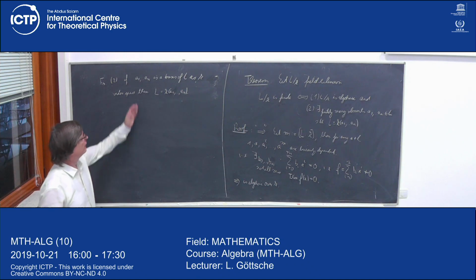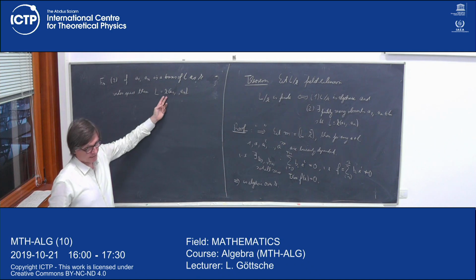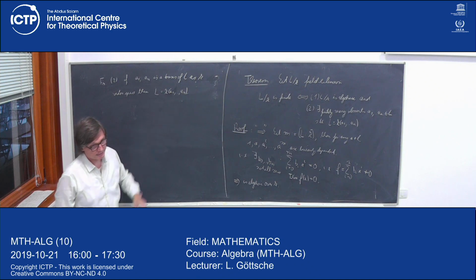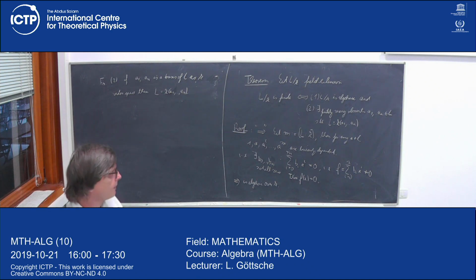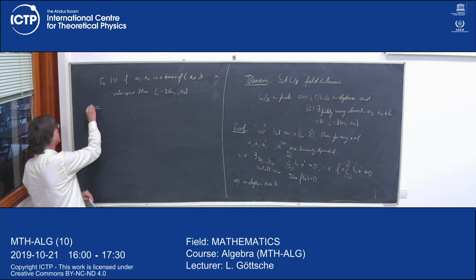Because if I add every element of a basis to K, I get already the vector space generated by a1 to an is the whole thing, and so in particular I get this. Okay, now I want to prove the other direction.